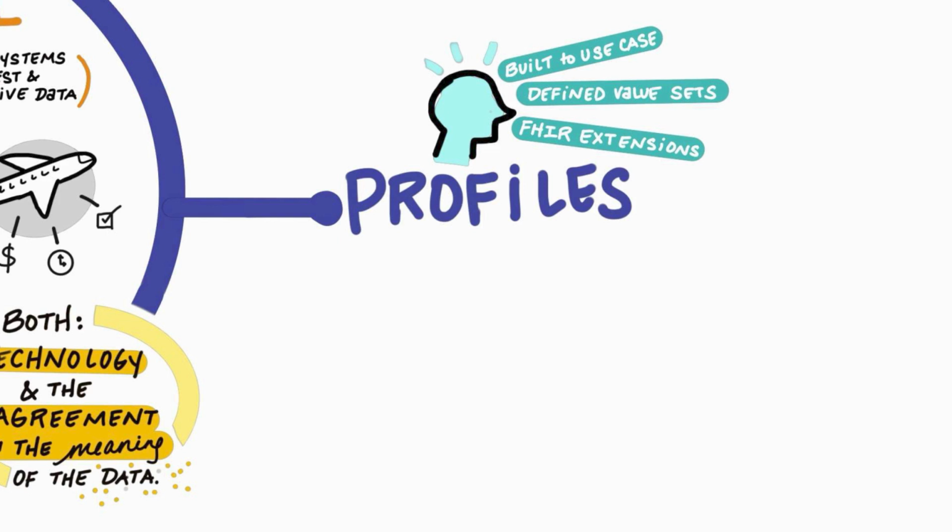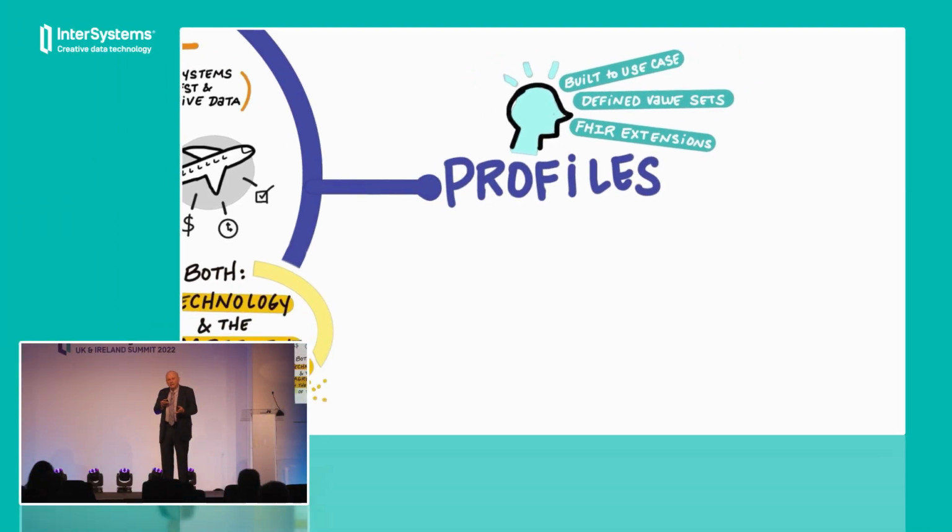They are the value sets that you need for that use case. They are the FHIR extensions that you need, and I'm going to come back in a minute and talk about what a value set and a FHIR extension is. And the profile is the set of rules that you need for that particular use case.